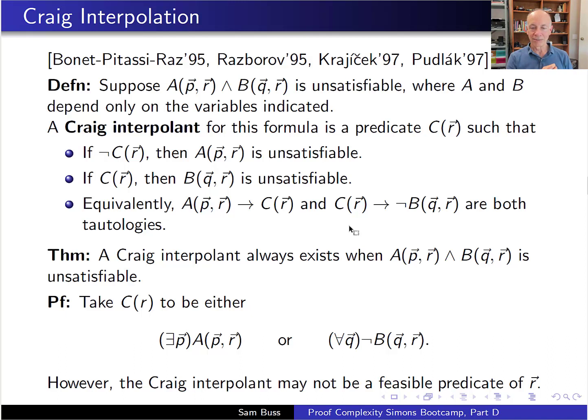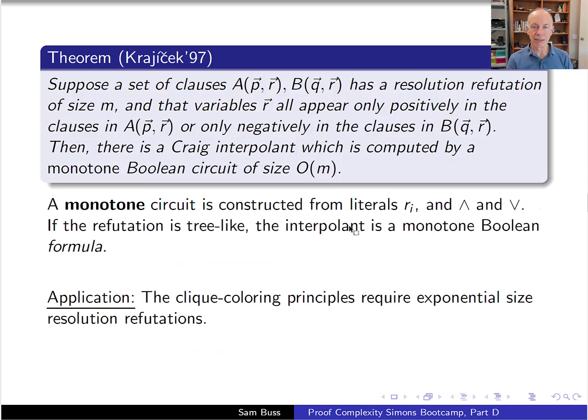The problem here is we've got existential quantification, so we may not have a polynomial time interpolant, for instance, or some feasibly computable interpolant in the general case, and there are a lot of open questions here, of course. But in some cases, we do manage to get polynomial time Craig interpolants. And this happens in particular when we have a resolution refutation of the set of clauses A of PR union B of QR.